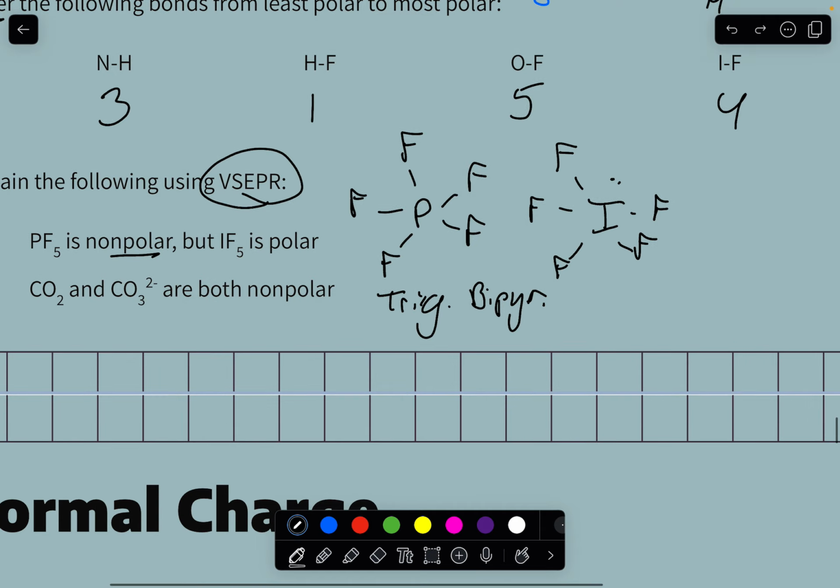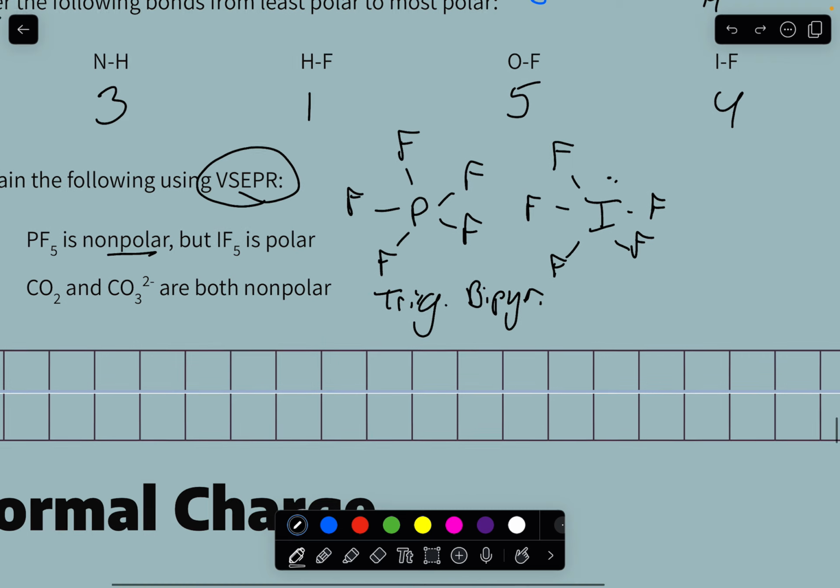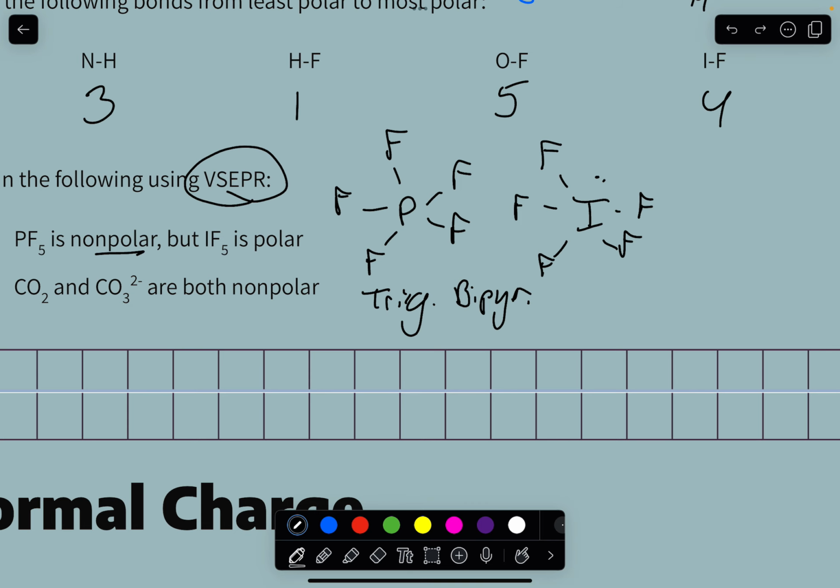For IF5, our VSEPR geometry here is going to be trigonal pyramidal. No. Hold on. Square planar. Or sorry, square pyramidal. We have these 5 here, right?